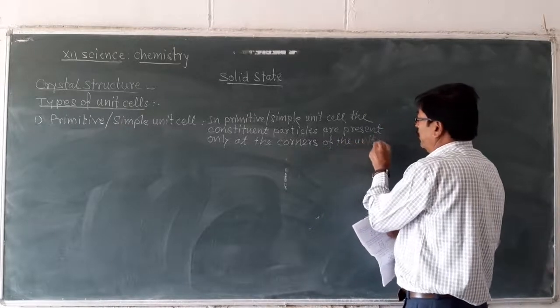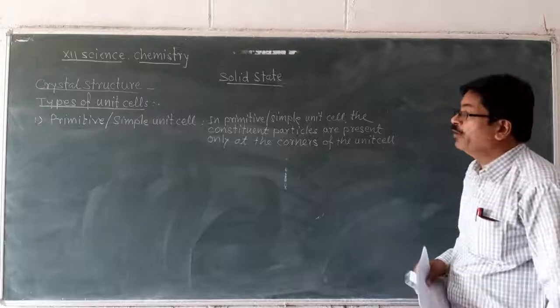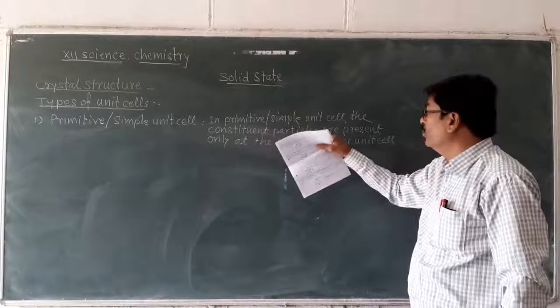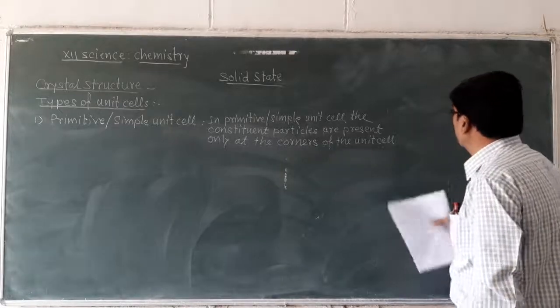This is a very important one. In primitive or simple unit cell, the constituent particles are present only at the corners of the unit cell.